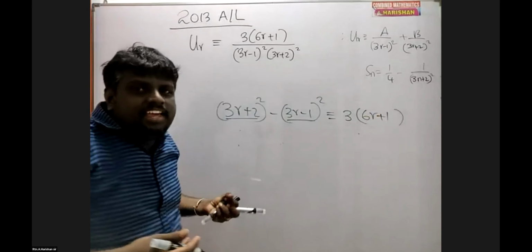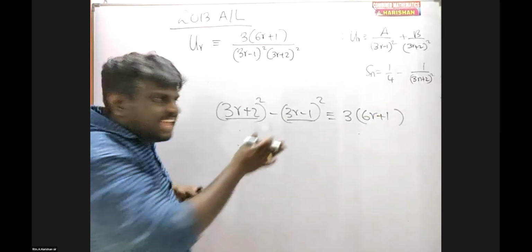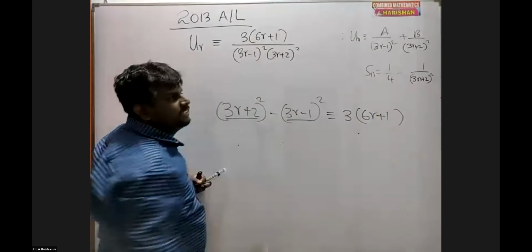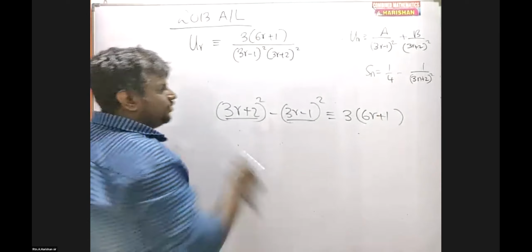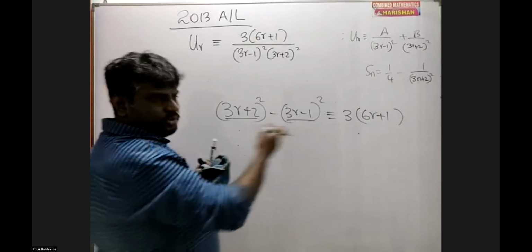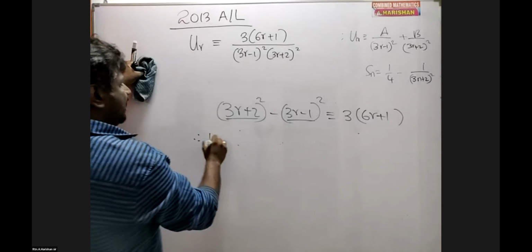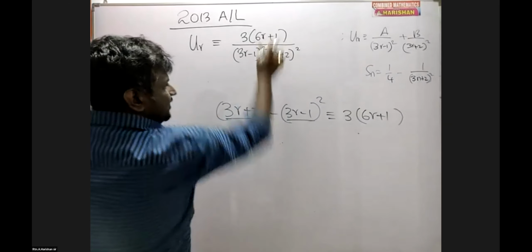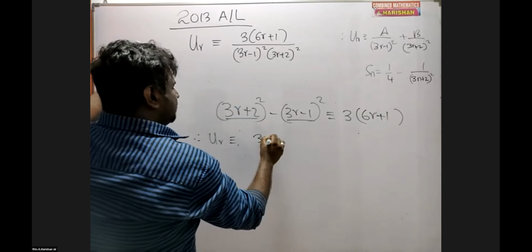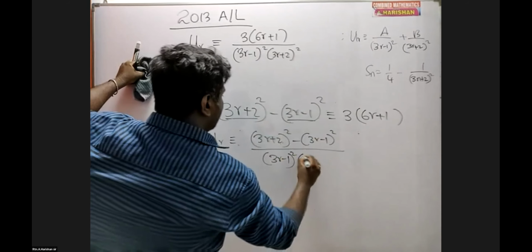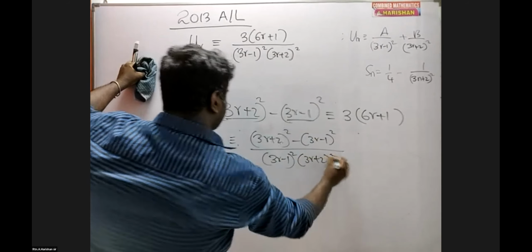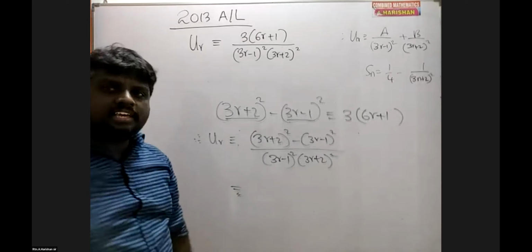See, we are very happy with this because exactly the same thing is in the top, in the numerator. So everything is finished. What can you write now? If you want, you can write like this: Ur is (3r+2) squared minus (3r-1) squared over (3r-1) squared (3r+2) squared.